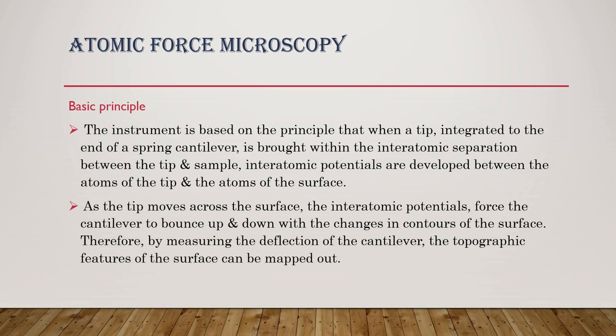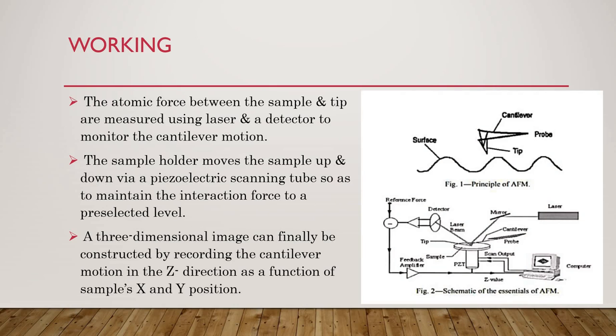As the tip moves across the surface, the interatomic potentials force the cantilever to bounce up and down with the changes in contours of the surface. Therefore, by measuring the deflection of the cantilever, the topographic features of the surface can be mapped out. Then working of AFM.